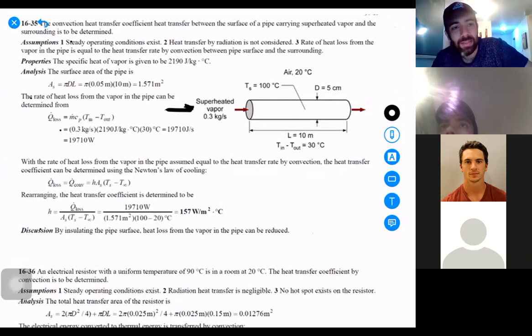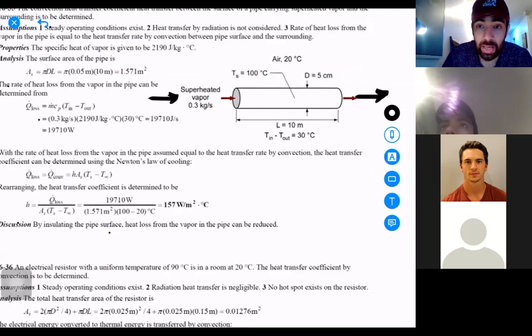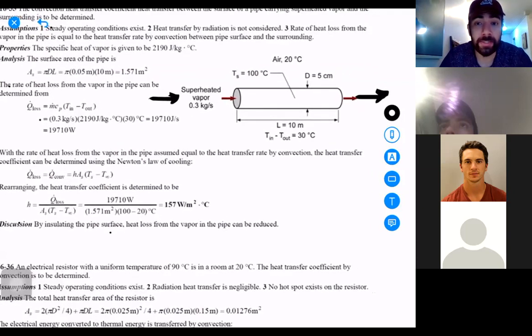So basically the question is telling me the transfer of heat is from the superheated vapor inside the pipe all the way to the outer side of the air which is surrounding my pipe. So the superheated vapor is coming from the left side and is exiting or escaping from the right side, and we have to find what is the convection h term here.